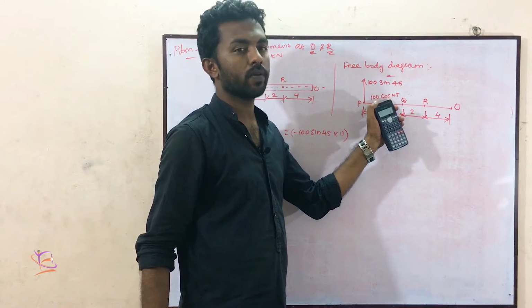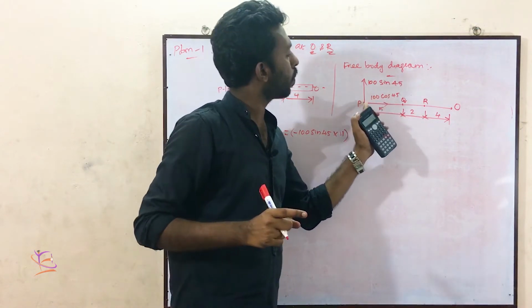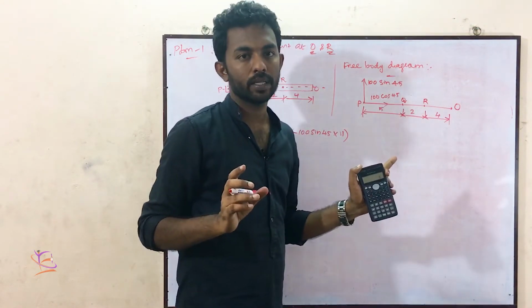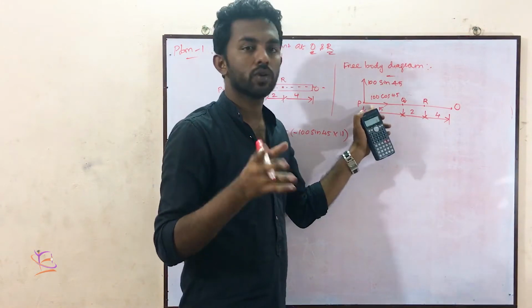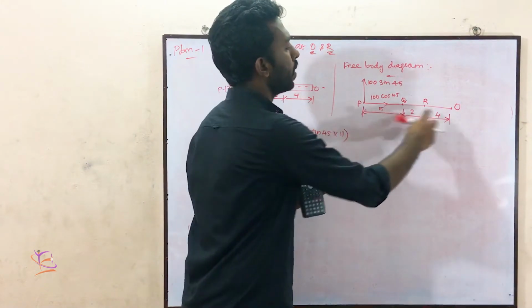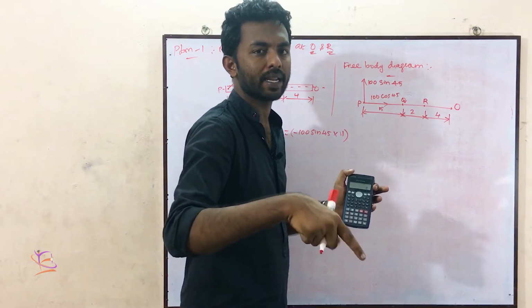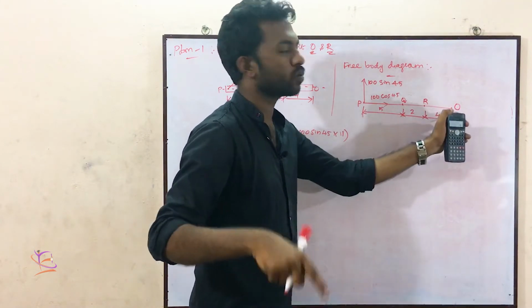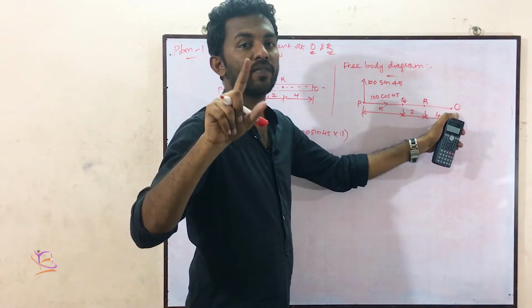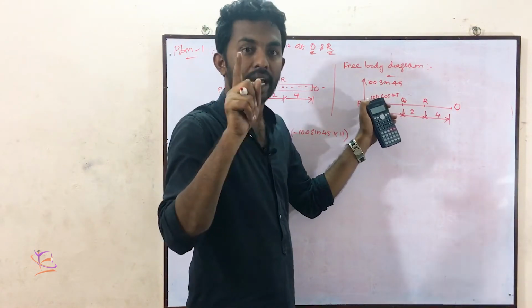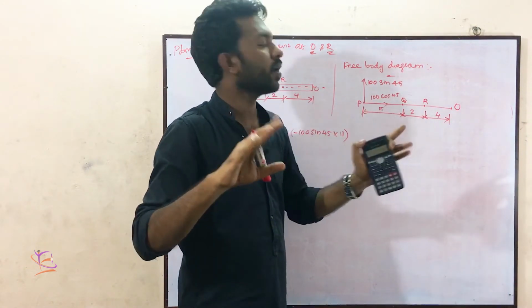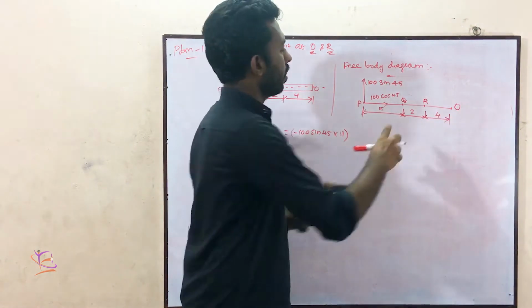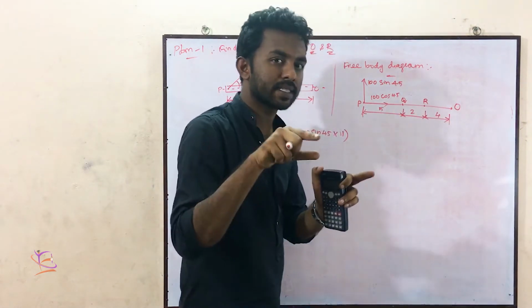Another force is there, 100 cos 45, but this is passing through the point O. It is concurrent, passing through this point, so no moment will be created by this horizontal component, because the perpendicular distance will be 0.